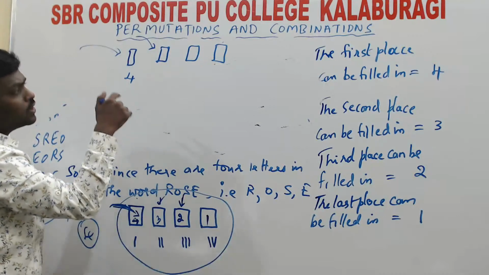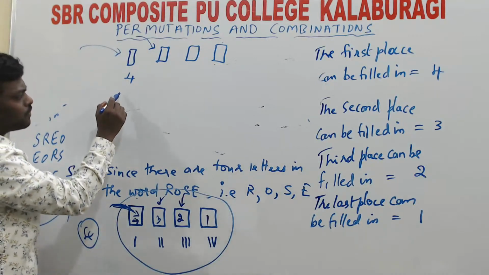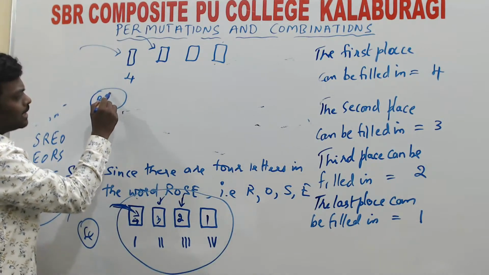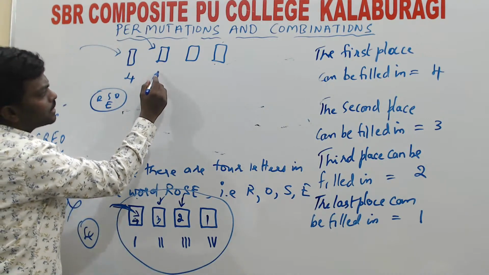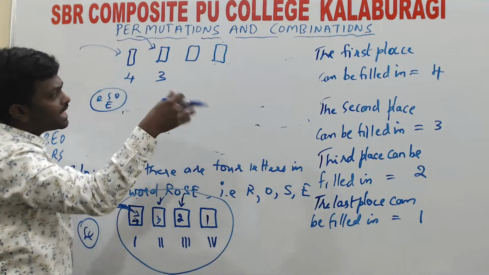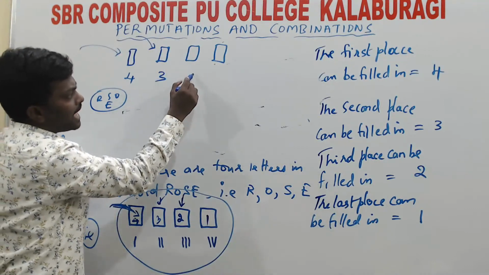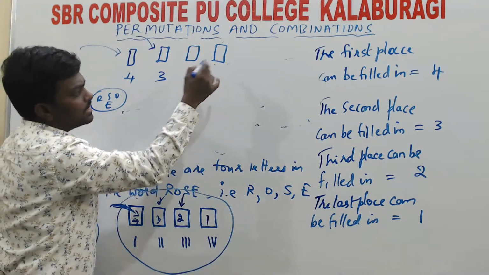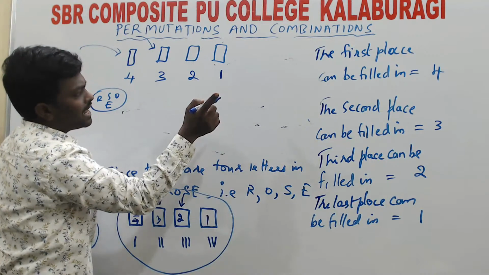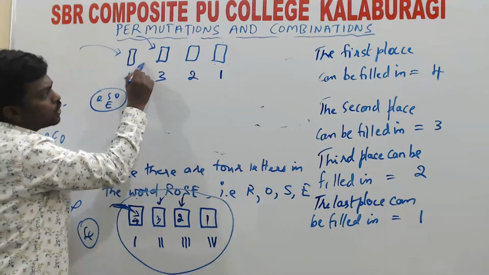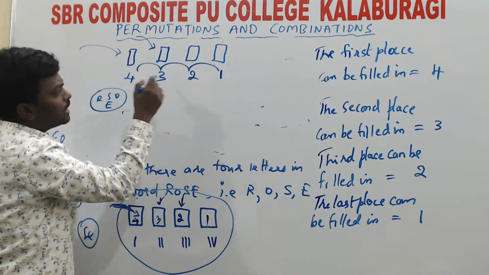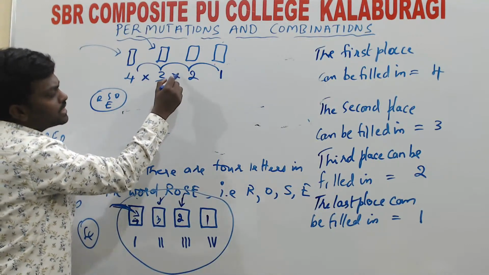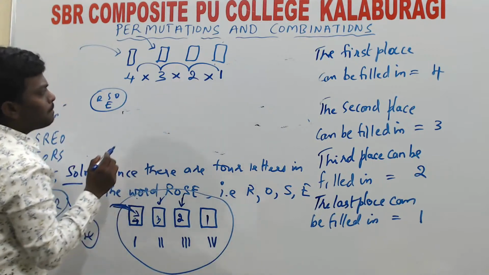After filling, you cannot repeat. After filling any of the four letters, you cannot repeat the next letter. So it will be three. Still, the event is going on, right? And then it will be two, and then only one will be left out. So the event is going on, and they are dependent upon each other. So that's why multiplication principle.